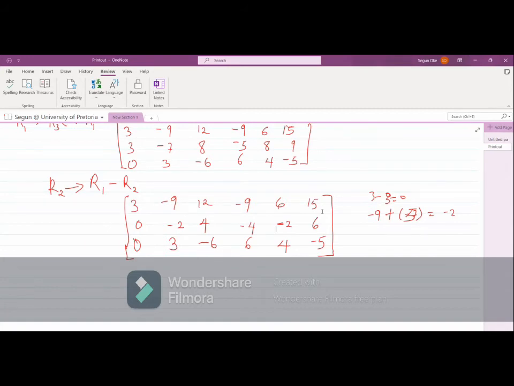Okay, we can divide both sides. We can divide it by 2. Should we reduce row 2? It depends on you. The ball is in your court. So let's reduce it by minus 2, by the reciprocal, 1 all over minus 2.